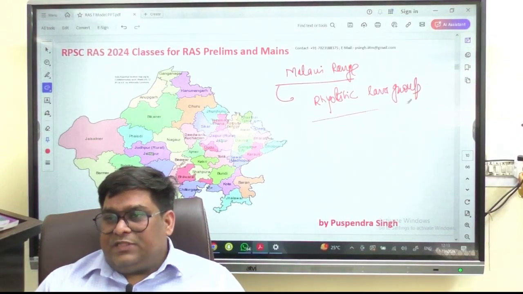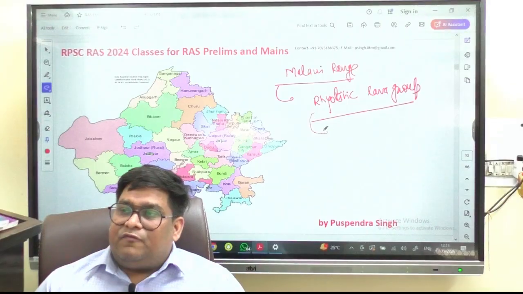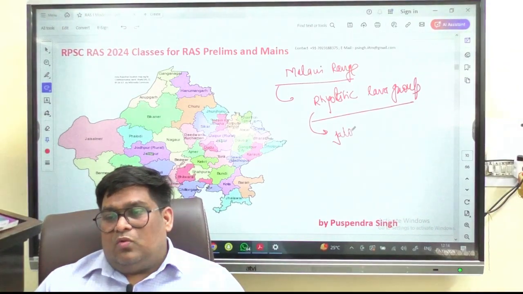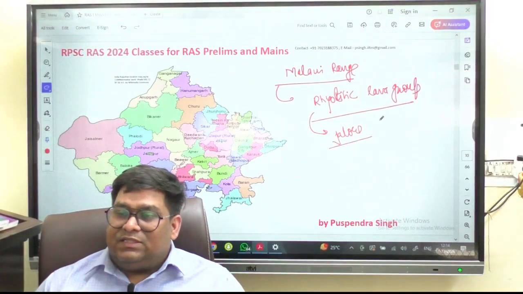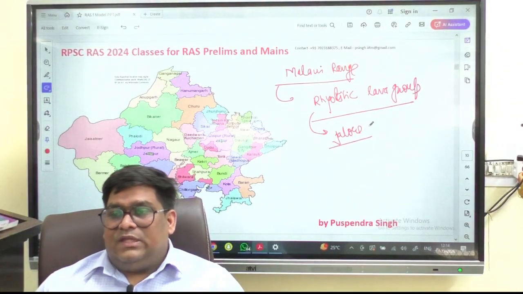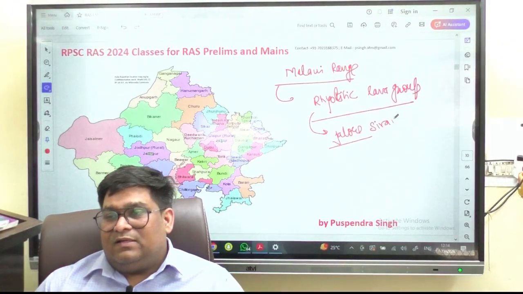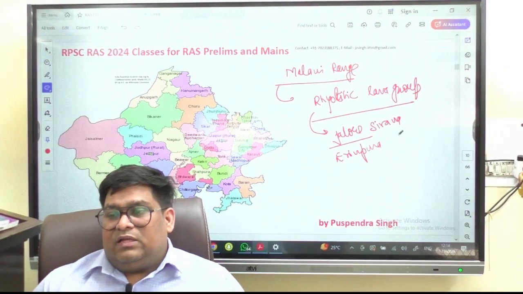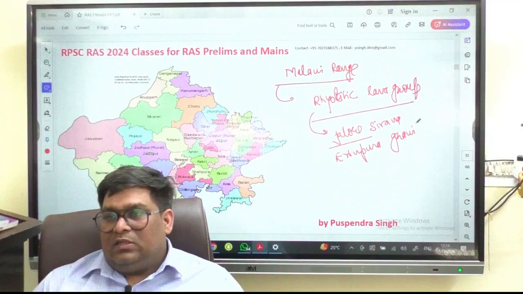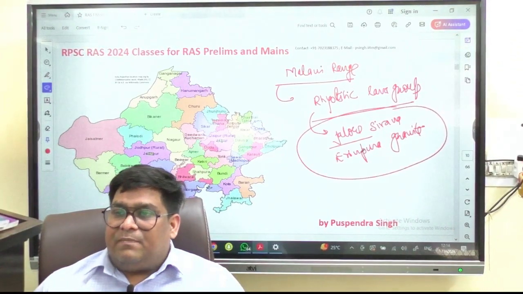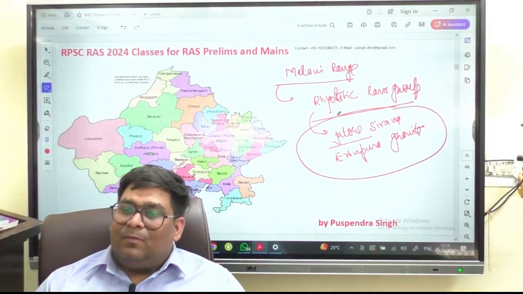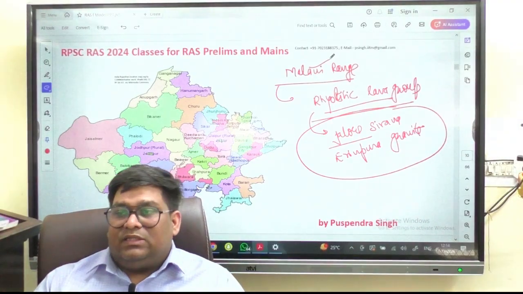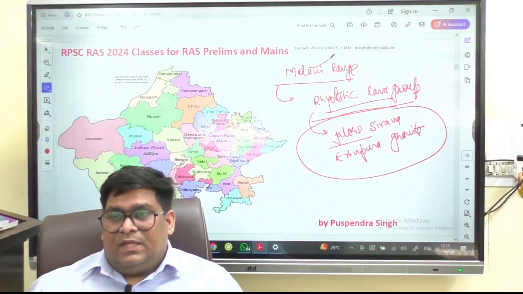This type of range you can find near Jalore. In the Jalore region you will find the Jalore Siwana and the Arinpura granite. These two belong to the rhyolitic lava group, which belongs to the Malani range.